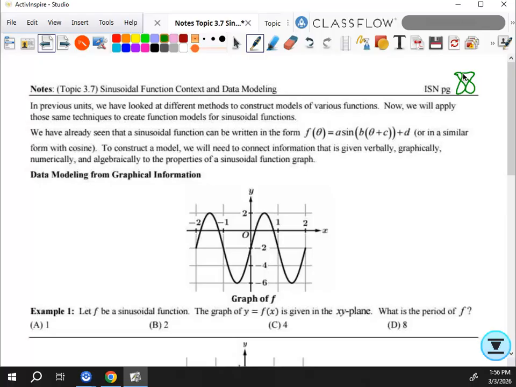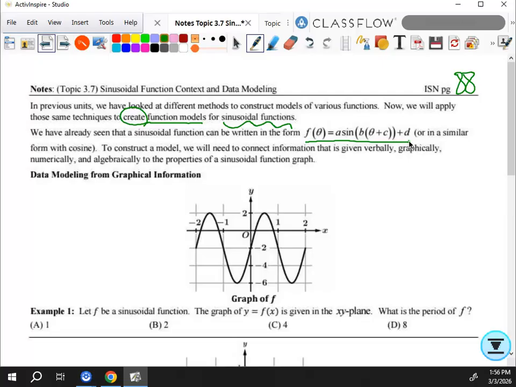And it's more your actual application problems, even though not all of these are actually applications. We've looked at different methods to construct models. So we are going to create function models for sinusoidal functions, meaning they could be sine or cosine. We've already seen that it can be written like this or something very similar for cosine, okay?